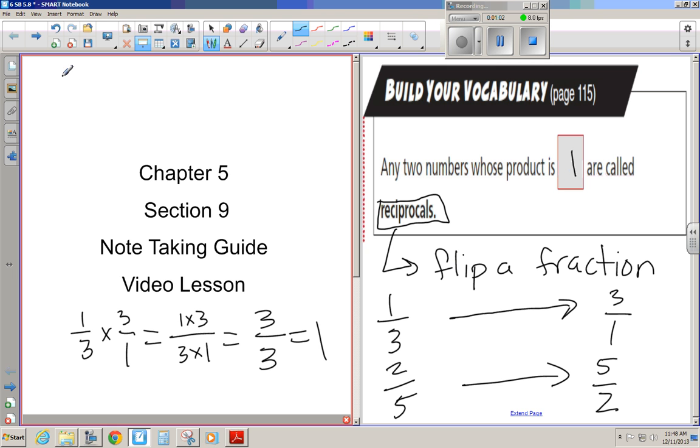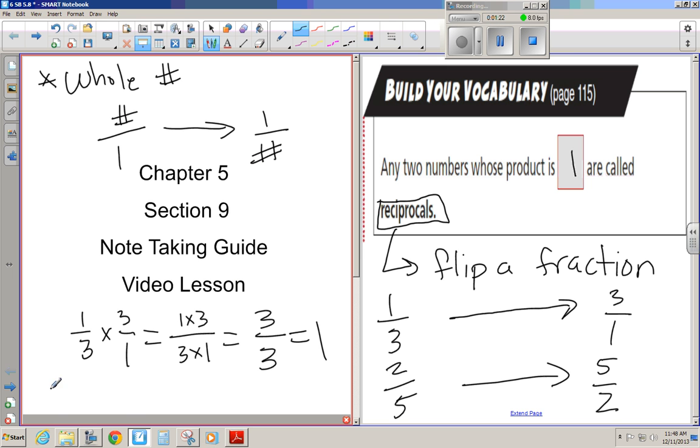You do have to be a little bit careful. At first, whole numbers equal the number divided by 1. Then the reciprocal becomes 1 over that whole number.